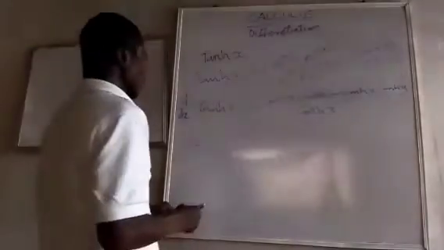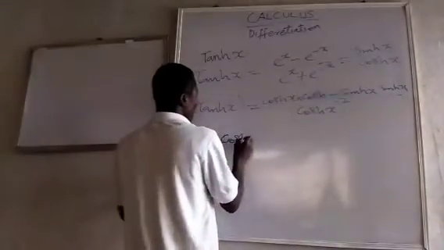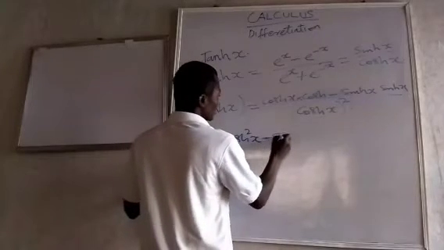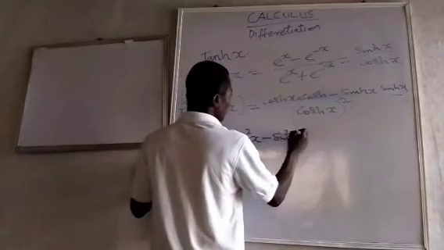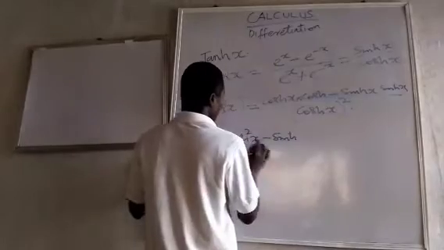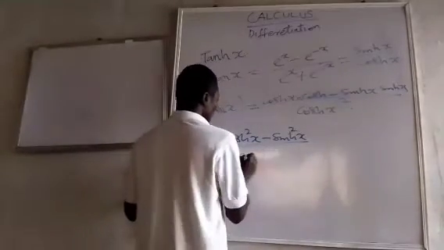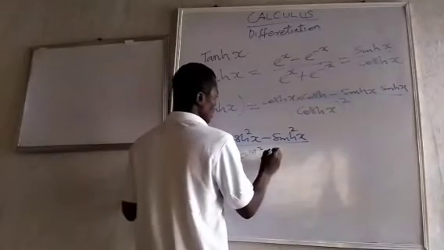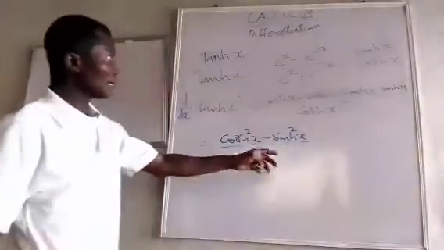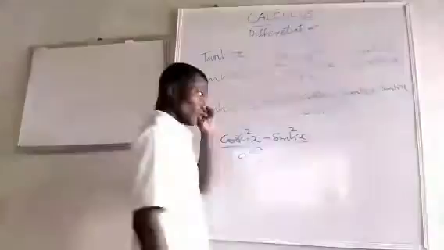And what does that give us? That's going to give us cosh square x minus sinh square x divided by cosh square x. Now, if we do this, we realize that the numerator is equal to 1.